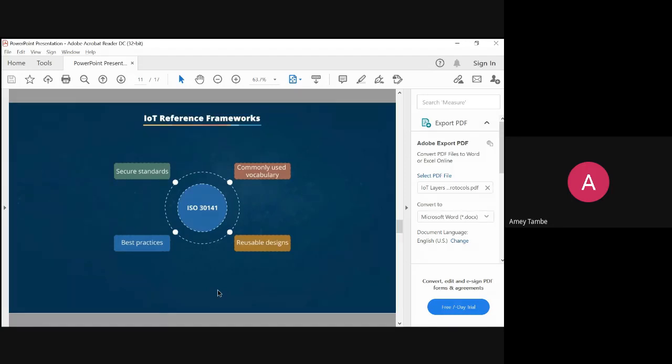ISO 30141 talks about reusable designs. Now what exactly does reusable design mean? Whatever device bed we have used needs to be extensible.